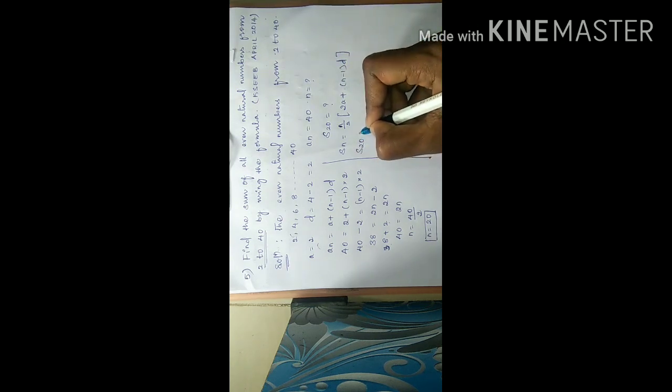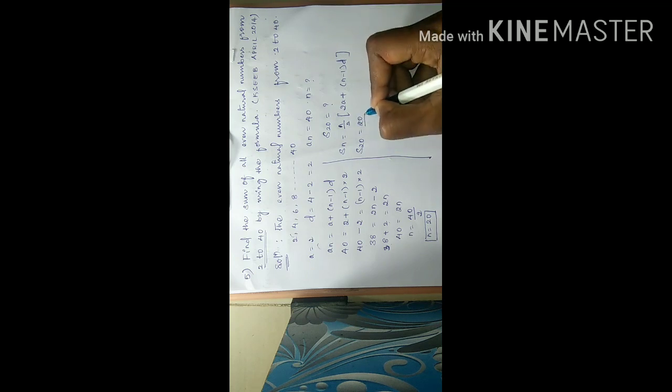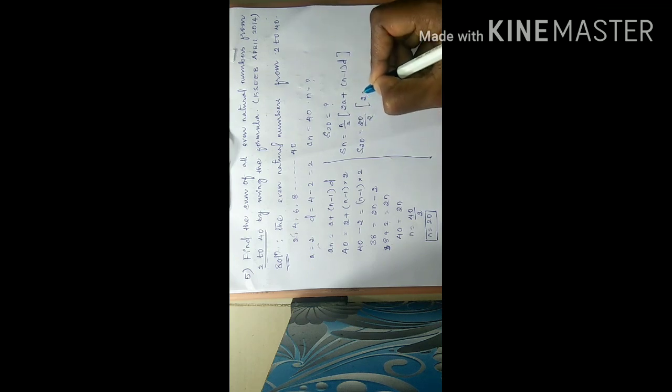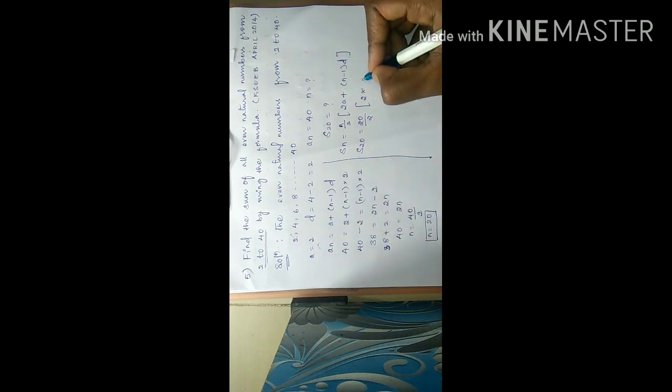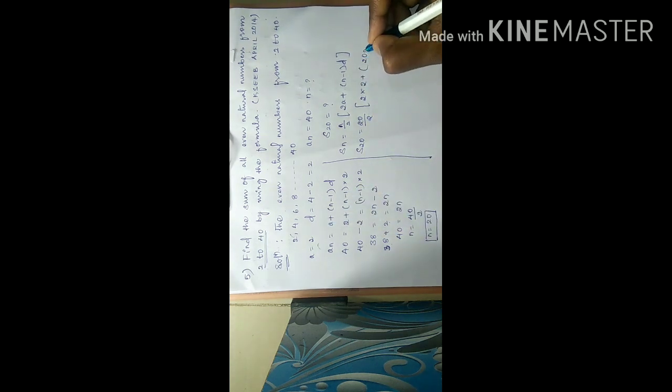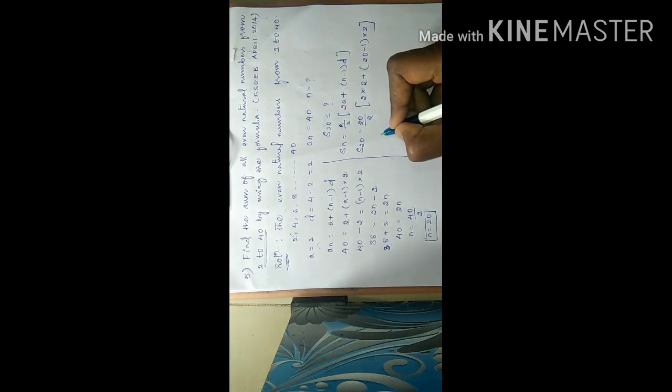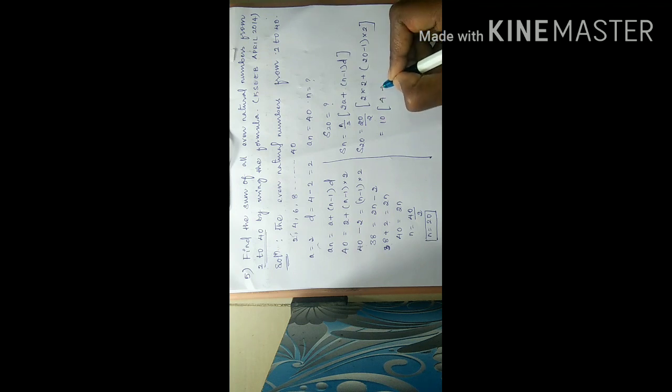So S20 is equal to 20 by 2 into 2 into a, which is 2, plus n minus 1, which is 20 minus 1, into d, which is also 2. So now 20 by 2 is 10, into 2 into 2 is 4, plus 19 into 2.